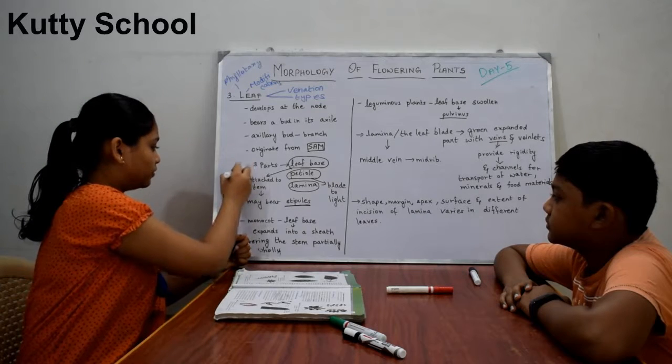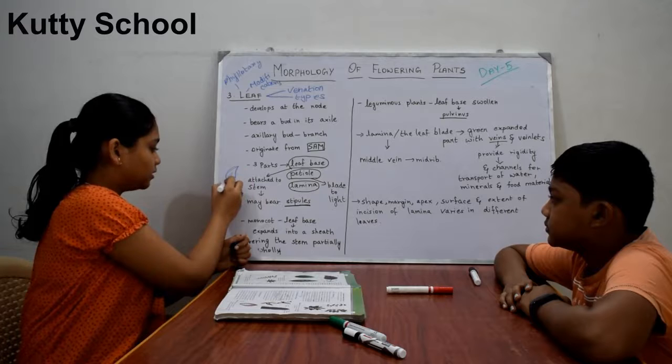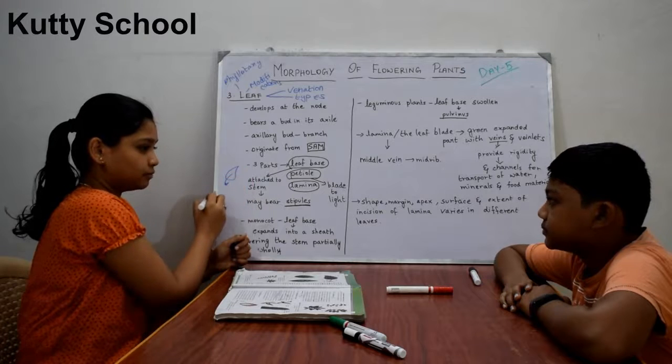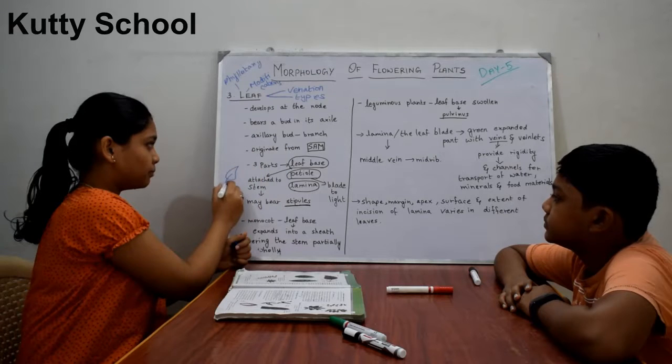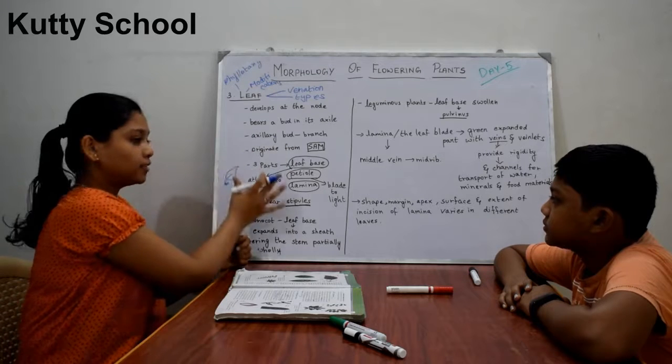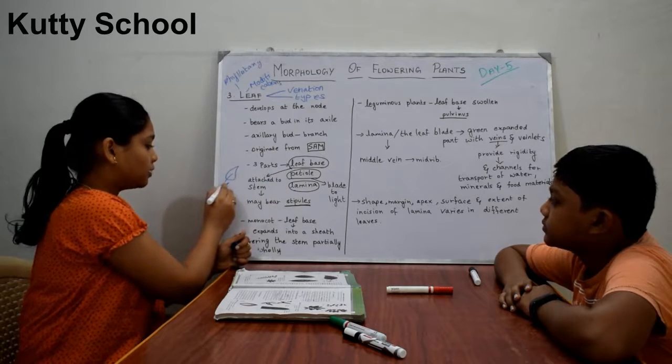If this is a leaf, this is the axil, and they bear an axillary bud here. This axillary bud gives out a branch. This bud becomes a branch.